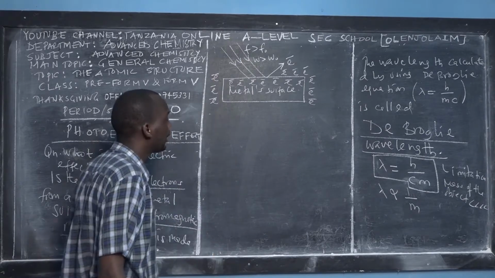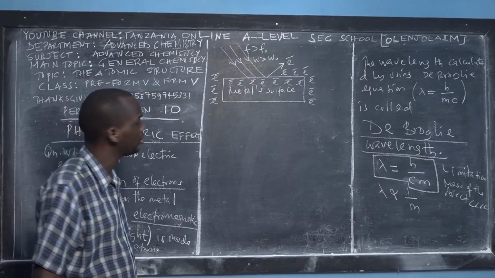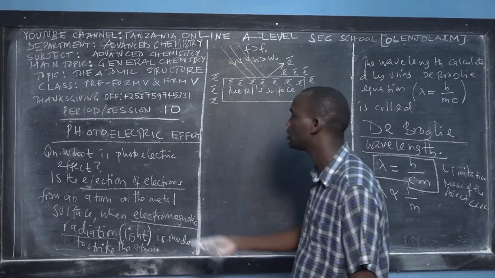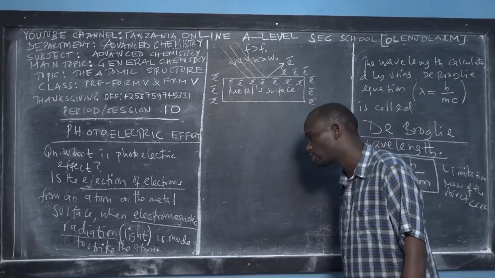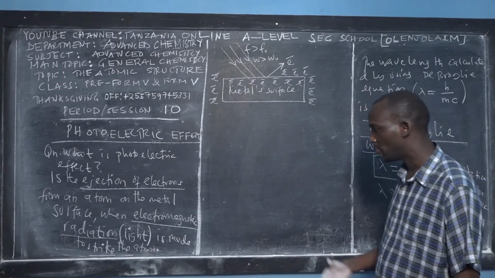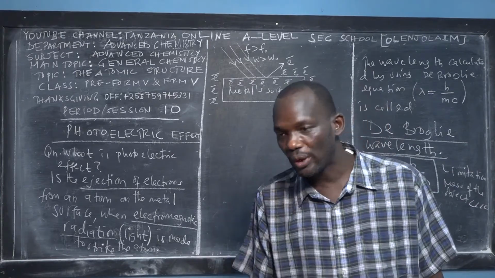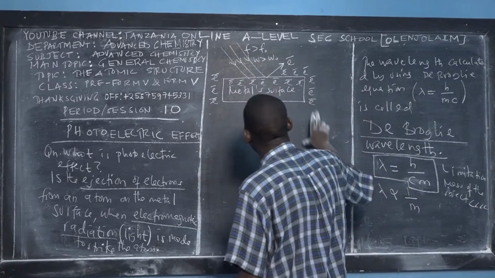The electrons which are ejected, we call them photoelectrons. So for the photoelectric effect, ejection is a synonym of production, or generation, the process of producing electrons from an atom on the metal surface when electromagnetic radiation, meaning light, is made to strike or fall on the metal surface.